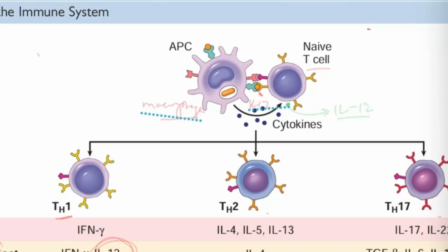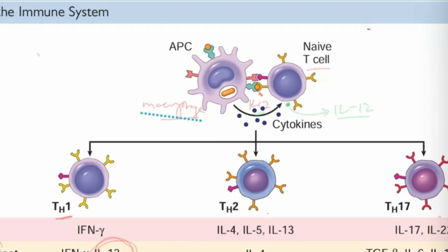The interleukin 12 receptor on the naive T cell is not working properly, meaning that it's just like you have someone that is deaf. No matter how loud you shout, the person will never hear you. Same thing. The interleukin 12 receptor is like the ears of the naive T cell to hear the information, that's the interleukin 12 cytokine that the macrophage is producing to stimulate the naive T cell.